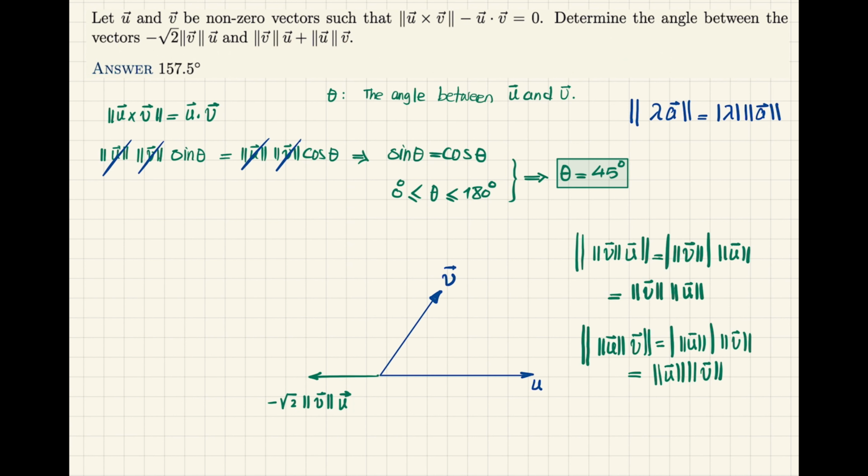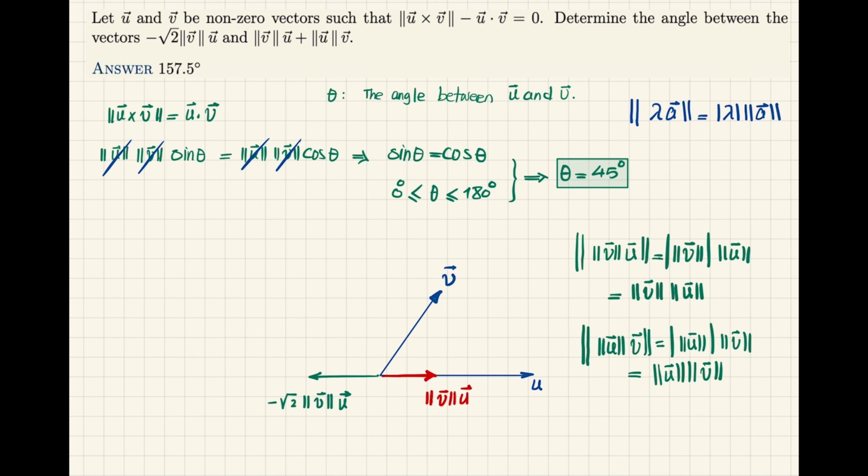But one of them is a positive multiple of u, so it lies on u in the same direction, but might be longer than u or shorter than u. So let us just decide about one of them. For example, let me assume that this is shorter and this is the vector that you have. Of course, it might be a very bad picture, but as I tell you, we don't need to know the correct lengths here.